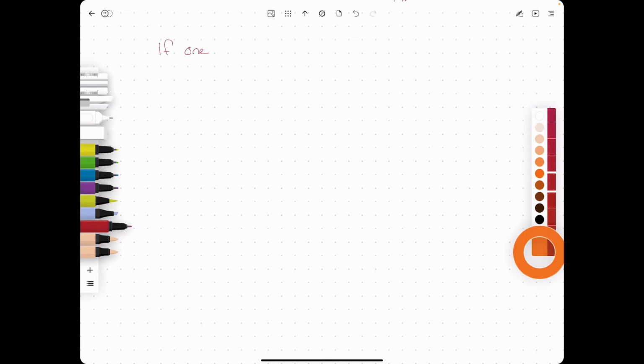If one pair of opposite sides of a quadrilateral is both, I'm underlining, both congruent and parallel, then the quadrilateral is a parallelogram.